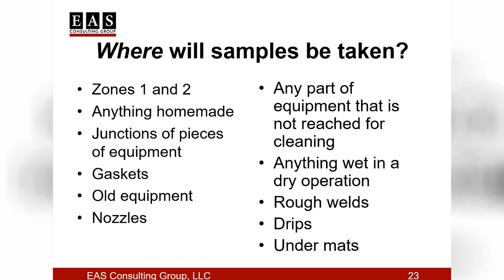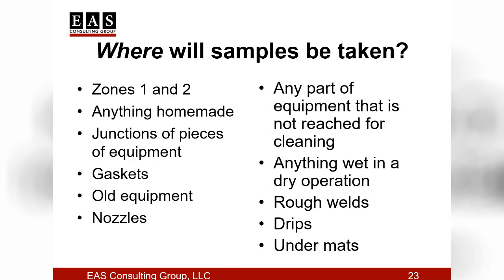Old equipment, of course, whenever you get the comment, well, we've never taken that apart. Any part of your equipment that is difficult to reach during cleaning. And if your sanitation people are not giving you good answers on what that is, or if a certain part of the equipment is reached in the cleaning, then open it up and find out what's in there.